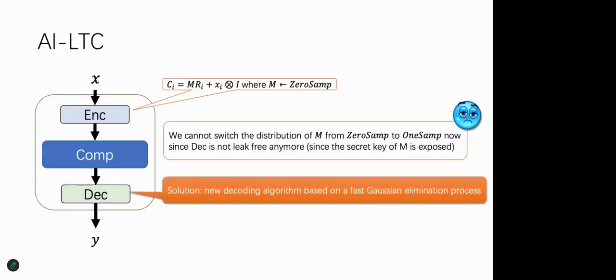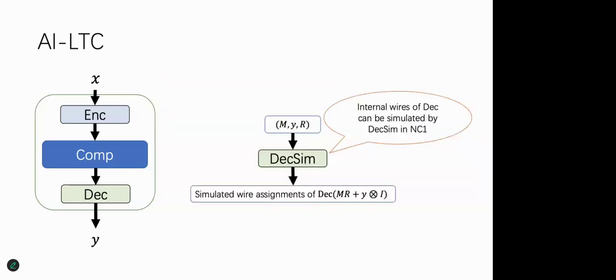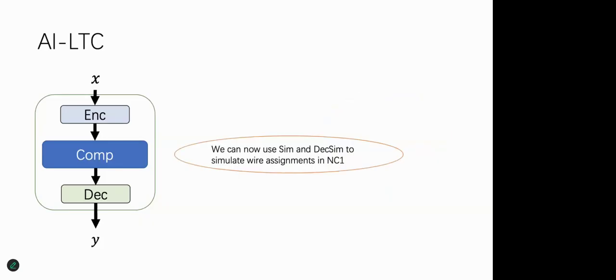To overcome this problem, we propose a new decoding algorithm, which is based on a fast Gaussian elimination process. For this decoder, we exploit the spatial structure of the public key M to show that all the internal wires of the decoding algorithm can be simulated by an NC1 simulator given M, the plaintext, and the internal randomness of the ciphertexts.